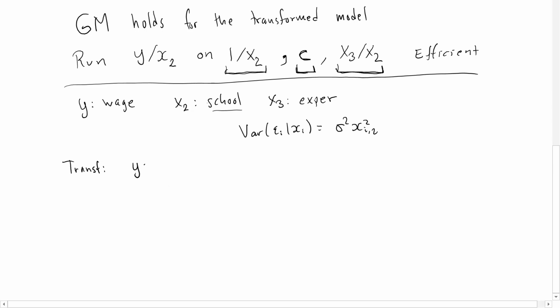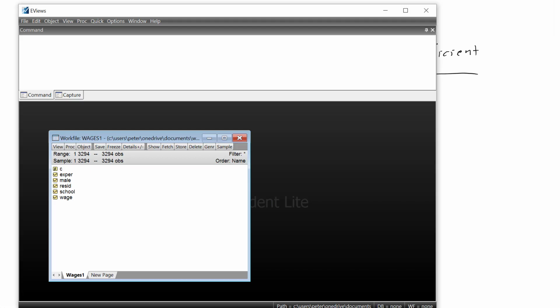So the transformed model, then my dependent variable is wage over school, and my explanatory variables are 1 over school and experience over school, and an intercept.